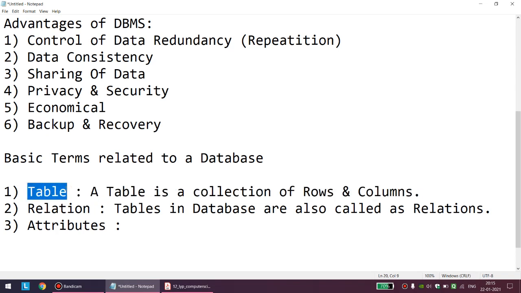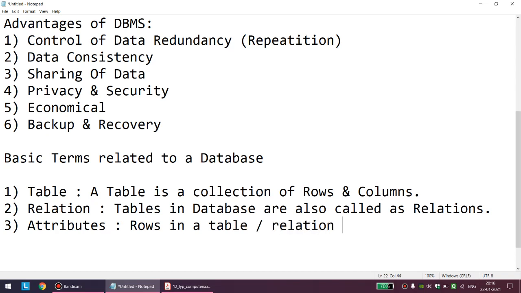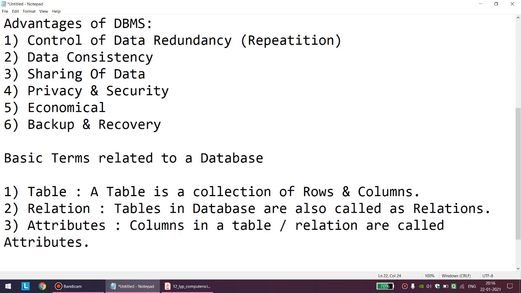A relation is nothing but a table. Tables are in the form of rows and columns. What are attributes? Rows in a table or a relation are called attributes. Correct? Rows, sorry, very sorry, not rows, columns. Columns in a table or a relation are called attributes.